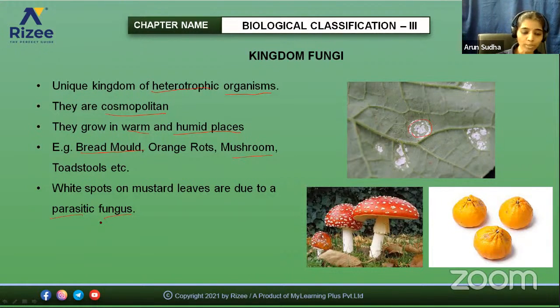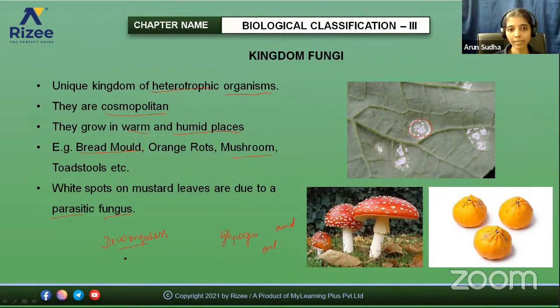Also the main storage form in the case of fungus is glycogen and oil. And they are main decomposers. They help in decomposition. So they are decomposers.